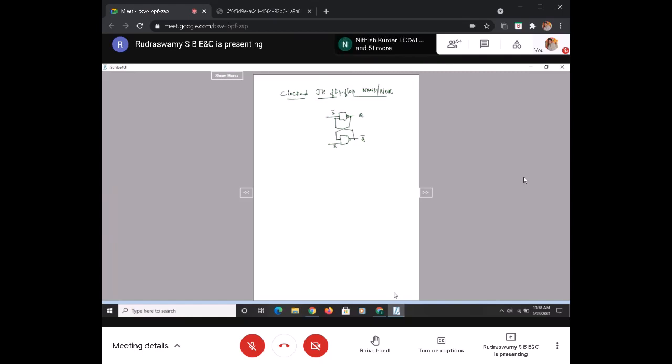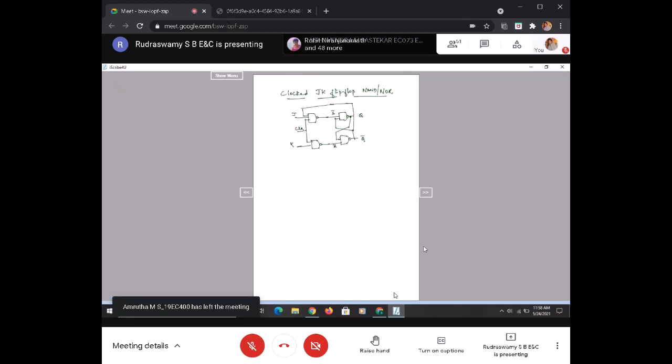The clock is basically the enable. In the input stage you have a 3 input NAND gate, with this being the clock, this being the J, and this being the K. The K gate takes Q bar as one of its inputs, and the other is again a 3 input NAND gate.